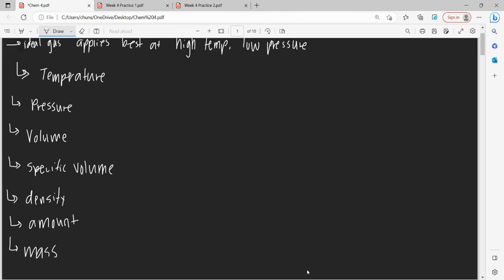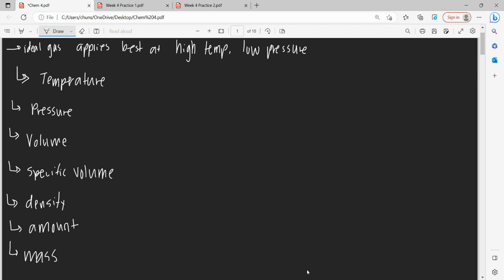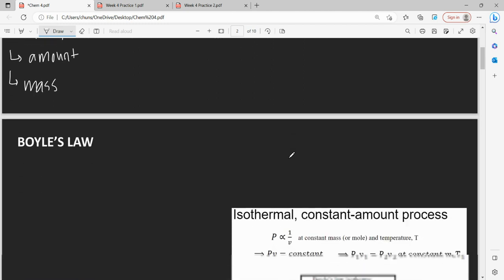So these are different ways that we can describe a gas that we might have, and you'll see how ideal gas properties apply to each specific variable.